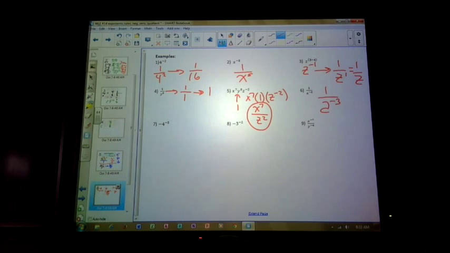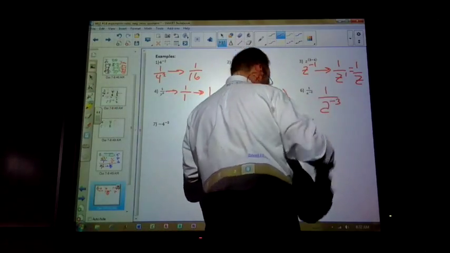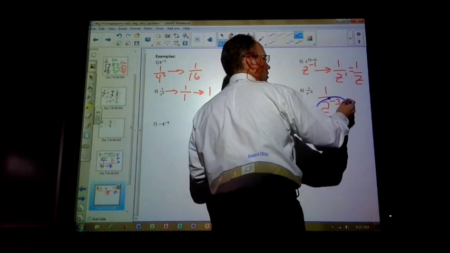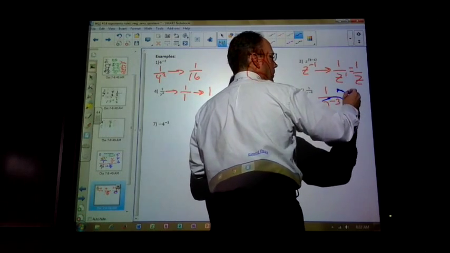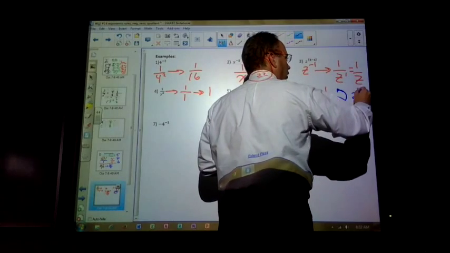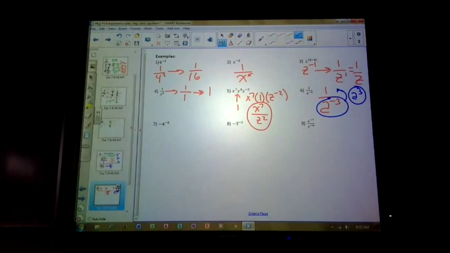Okay, so where should it move? The top. Okay, so this is going to move on up. This doesn't want to be there, it's going to move up here. When it moves up, I get 1 times a to the third. 1 times a to the third is the same thing as a to the third. I could indeed put it over 1 if I wanted to, but it's not necessary.